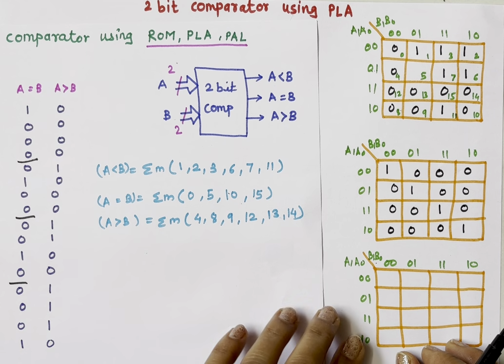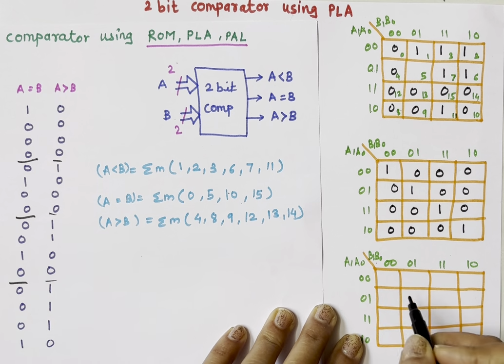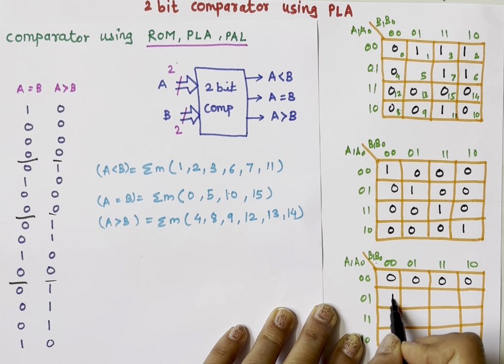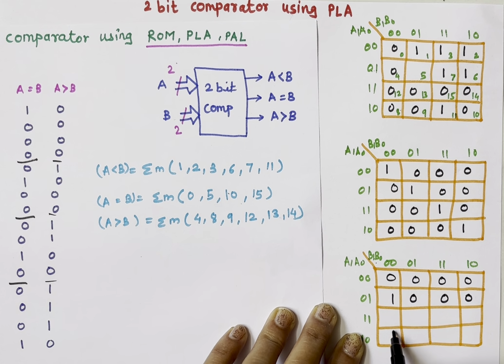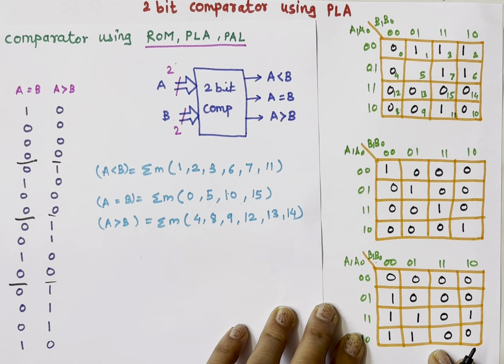Similarly for A greater than B, first 4 are zeros, then 1 0 0, then 1 1 0 0, 1 1 0 0 and then 1 1 0. Now we have substituted all the values.